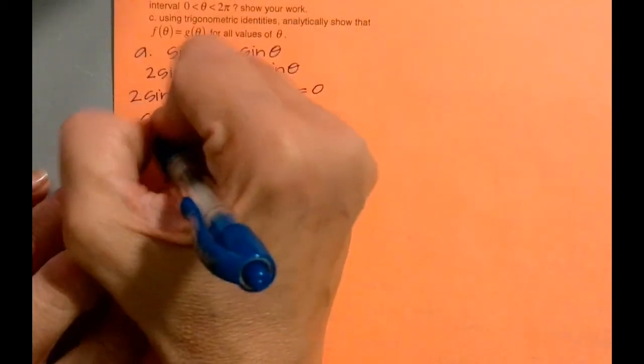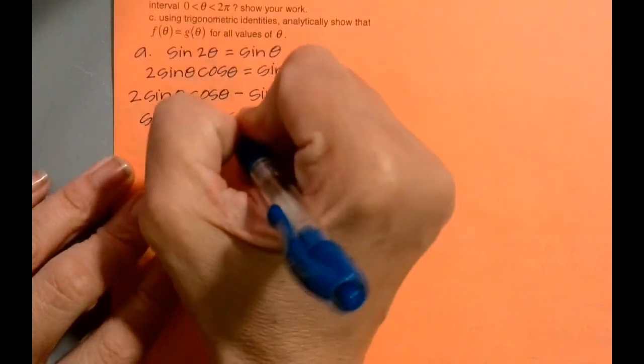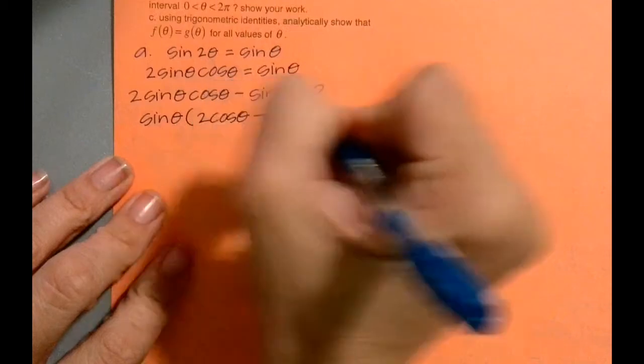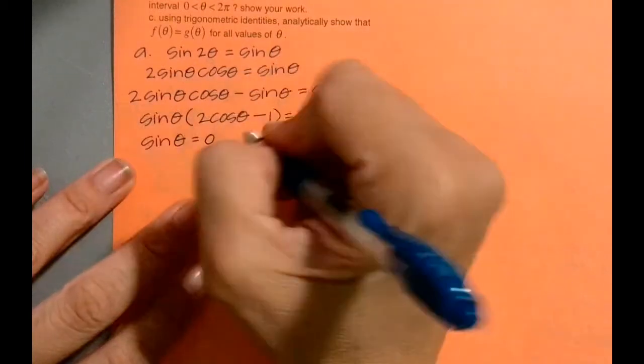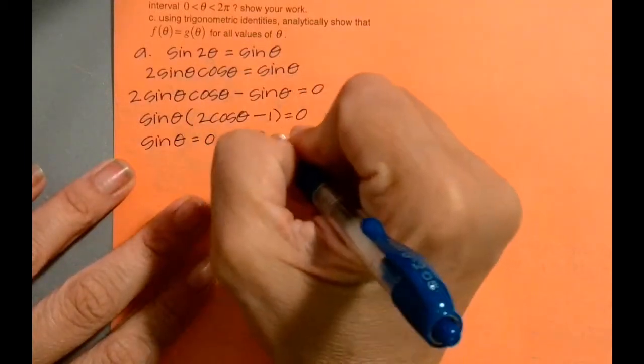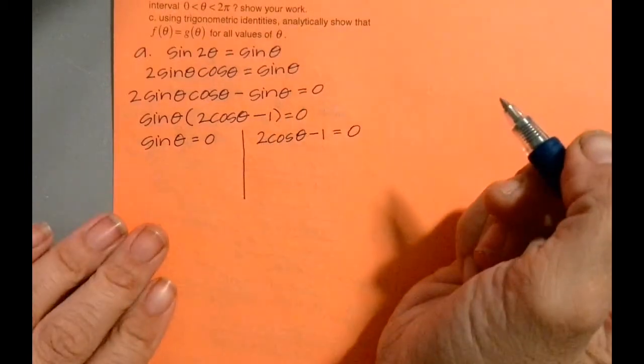Then I'm going to factor out what they have in common, which is the sine theta. And then I'm going to set each piece equal to 0. And then I'm going to solve each of the pieces.